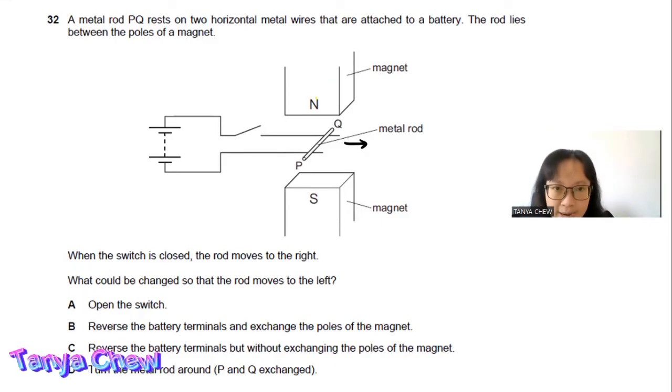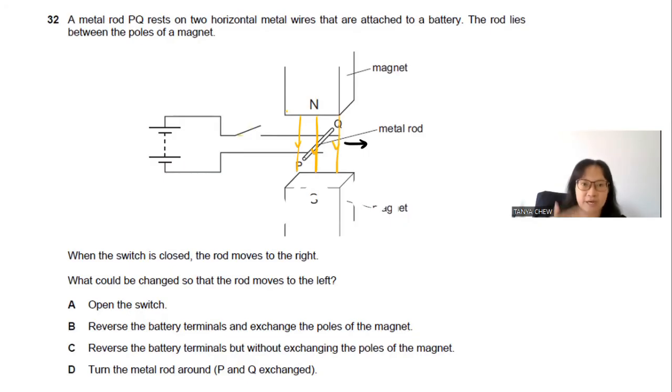These are two magnets, and the magnetic field is flowing from north to south. When the switch is closed, there will be current passing through the wire, which gives rise to a magnetic field around the wire. The interaction between the magnetic field of the magnet and the magnetic field of the wire gives rise to a magnetic force, which pushes the metal rod to one side, which is to the right. So what could be changed so that the rod moves to the left?